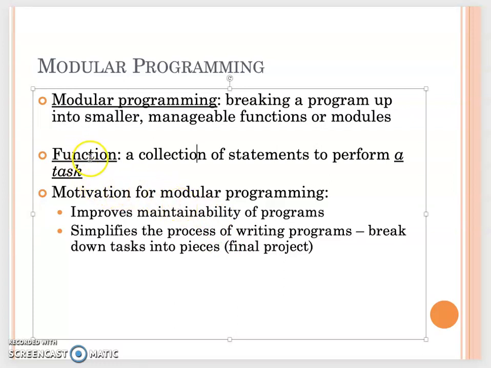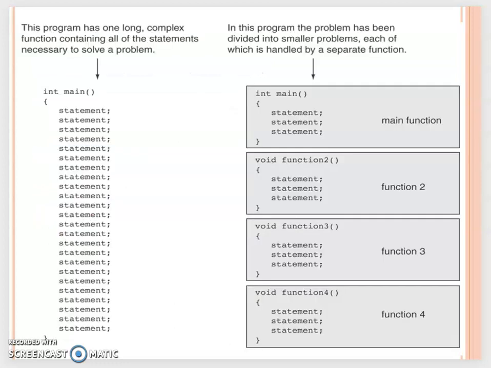But here we start with how to split the tasks in the main function into multiple functions. If we don't break down our program, your main function in the future will be a couple hundred lines, which makes it difficult to follow your task. For example, our task may be to get user input, process the user input, and display the output. Each one we can write as a different function: function 2 to get the user input, function 3 to process the data, function 4 to display the data. Then we only need to call the three functions in the main function.